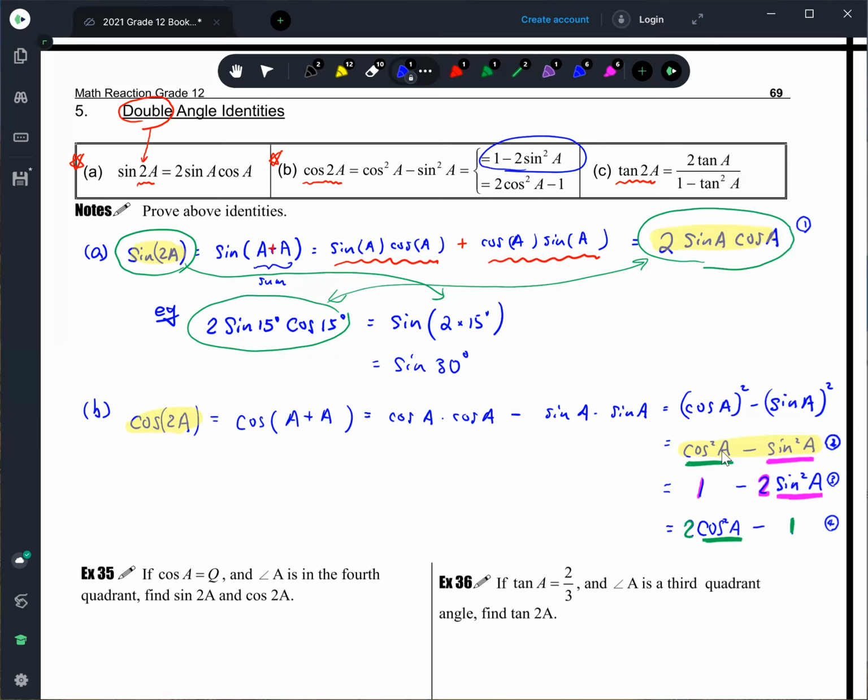So sine double, sine cosine, you get 2 sine cosine. Cosine double, coco, so that's cosine square, change sine, means sine squared. So it's similar. And then using that, we can get the other two. Okay, Jenny, are you done writing?